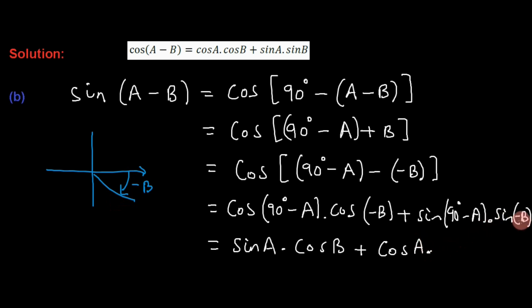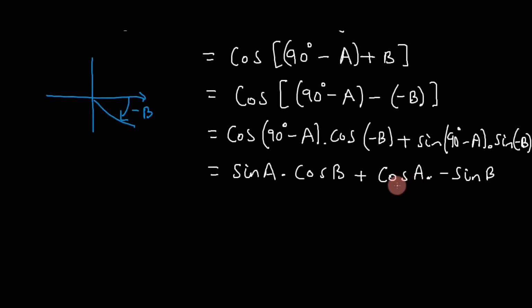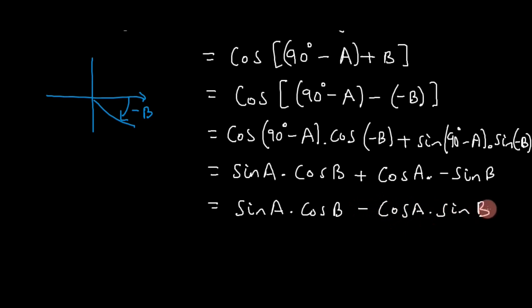So then the sine of negative B is minus the sine of B. So here we have the cos of A times a negative sine of B. A plus times a minus is a minus. So we end up with the cos of A minus the cos of A times the sine of B.